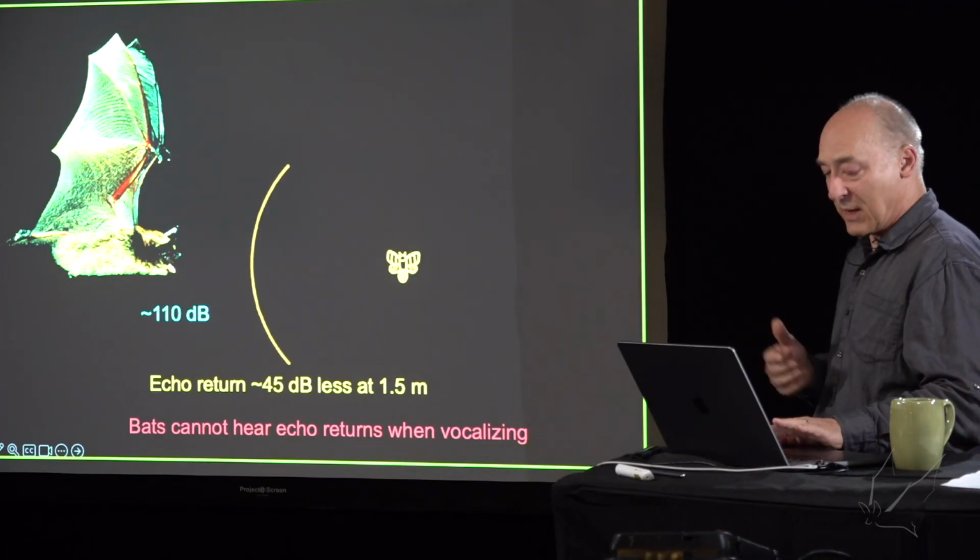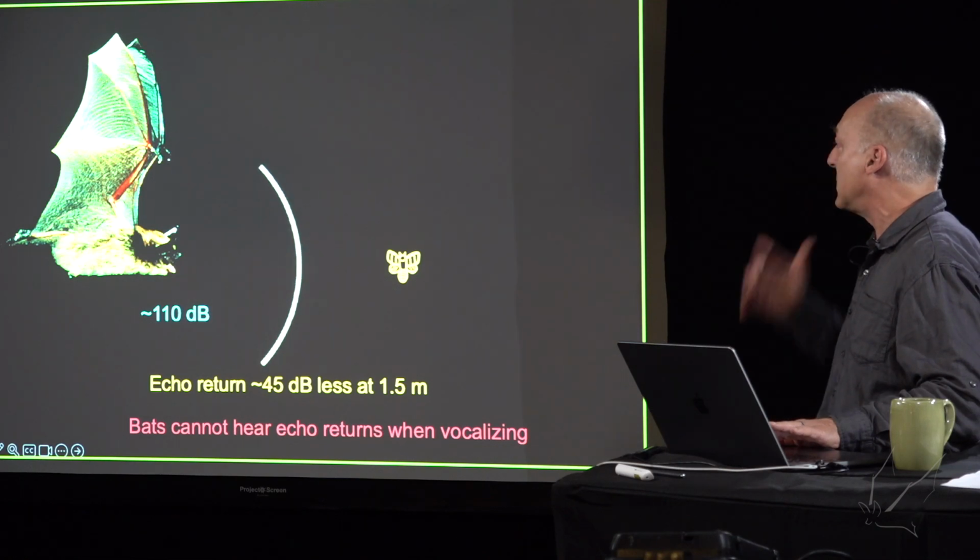The last one before the inner ear is the stapes bone, and that's got a little muscle on it, the stapedius muscle. When they're vocalizing, that muscle contracts and attenuates the transmission of sound into the inner ear. That protects their hearing, and then as soon as they're done vocalizing, that releases. You've got that too, but not as well done as the bats do it.